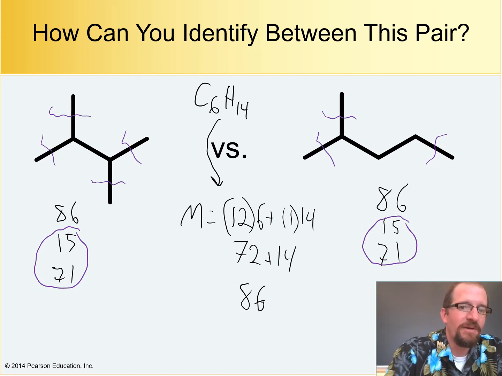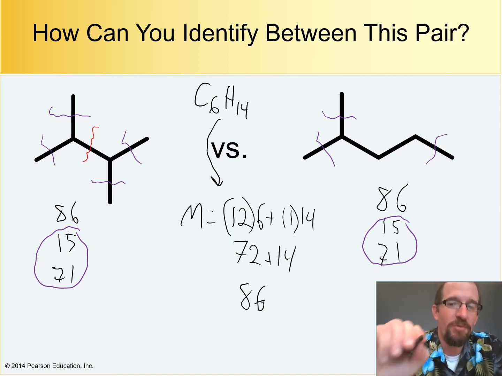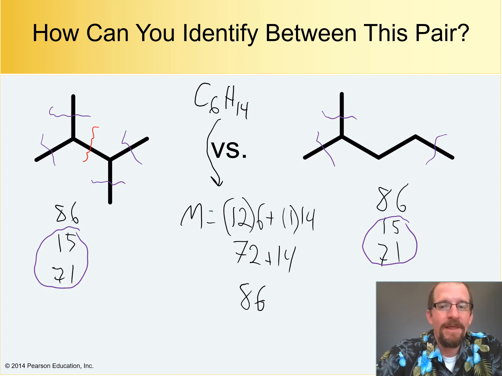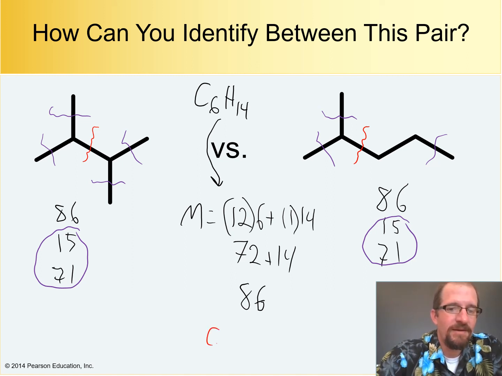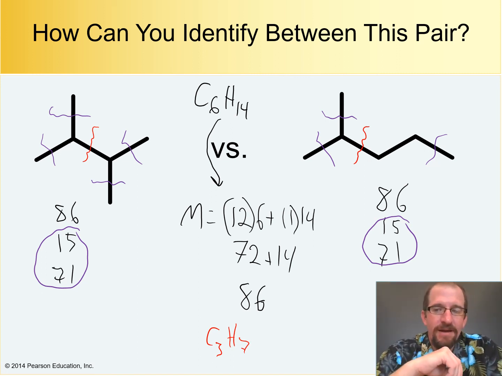Now let's go in red. So the only bond we have left to cleave here would be that one. So that would cleave off a propyl group. And we can do that here as well. So then a propyl group is a C3H7, right?